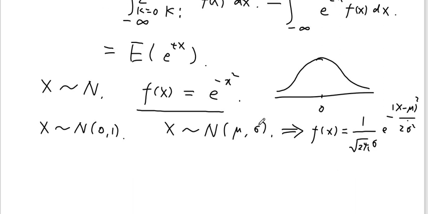So we forget this constant. What is the moment generating function for the normal distribution?